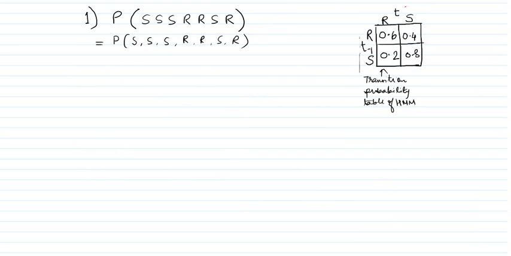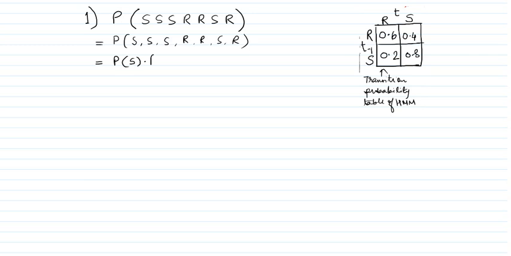So only the current state and its previous state will be required. When we factorize this whole joint probability into factors, then that will be P of S. In this initial S, we don't know the earlier state, so I am just writing P of S, or we may also write P of S given nothing.